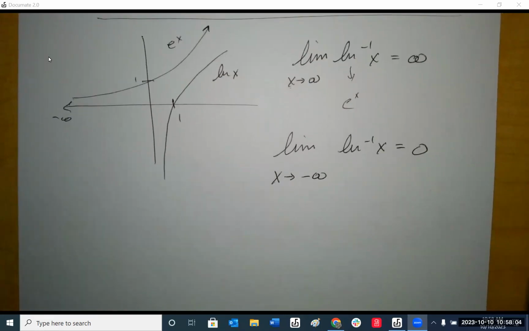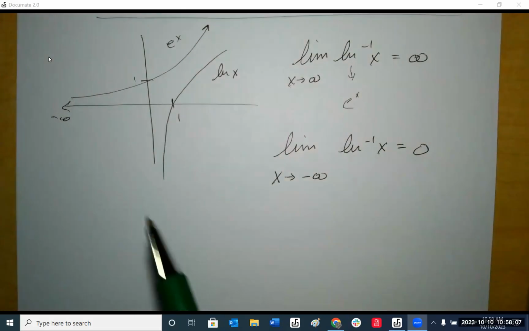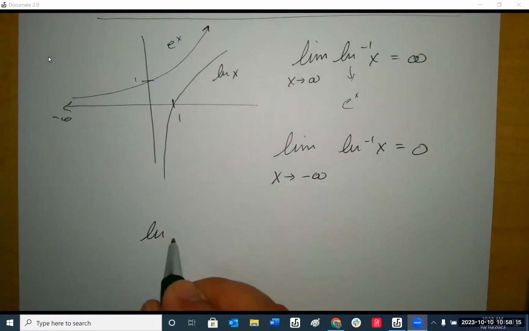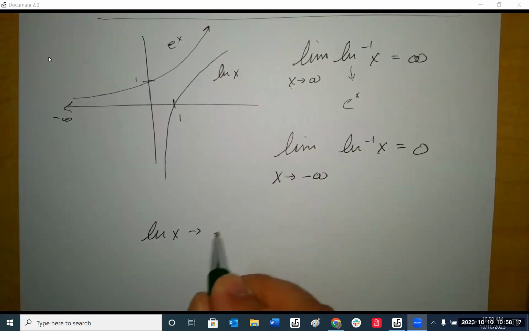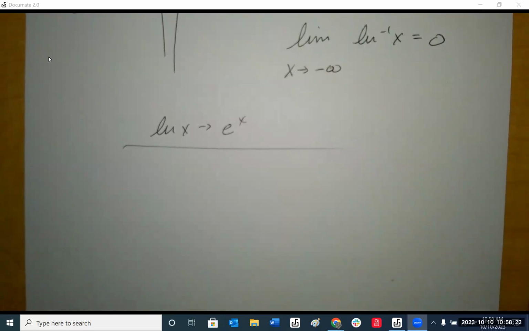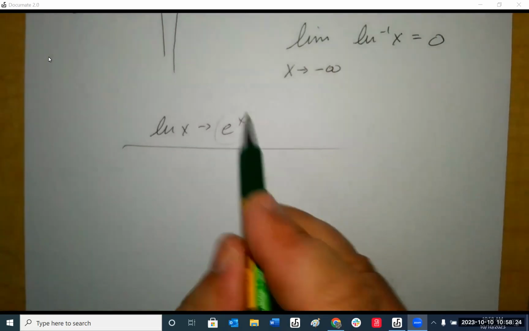So we saw earlier how to find the inverse of ln x. The inverse of ln x is e to the power x. So let's look at e to the power x, or e.